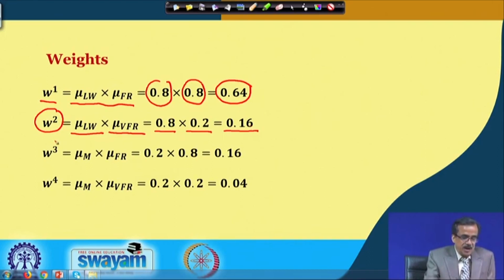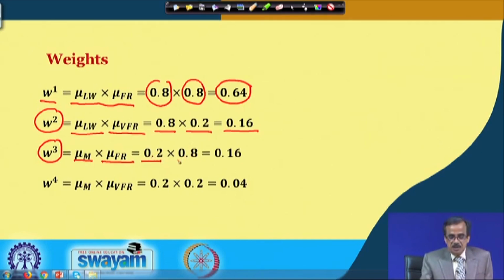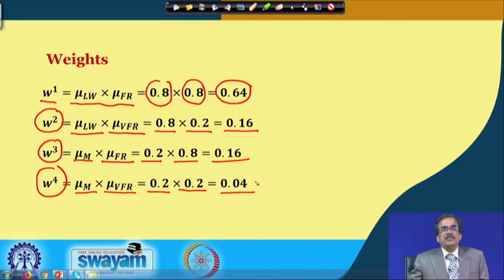Now, similarly, corresponding to the third rule, W 3 is nothing but mu medium multiplied by mu far, that is equal to 0.2 multiplied by 0.8. So, we will be getting 0.16, and corresponding to the fourth rule, the weight will be calculated as mu medium multiplied by mu very far, that is 0.2 multiplied by 0.2, and here we will be getting 0.04.